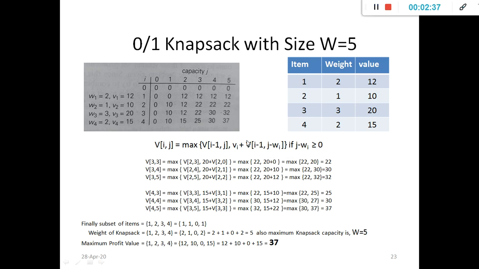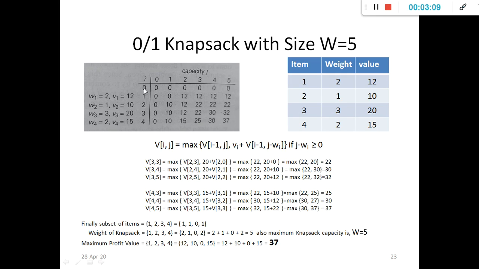To solve the 0/1 knapsack problem using dynamic programming, first I consider a table as shown in this diagram. The columns represent the knapsack capacity, starting here with 0 and going up to the maximum capacity of 5, so the column headings are 0, 1, 2, 3, 4 and 5. Similarly, the rows represent the weight and profit value of the corresponding item.